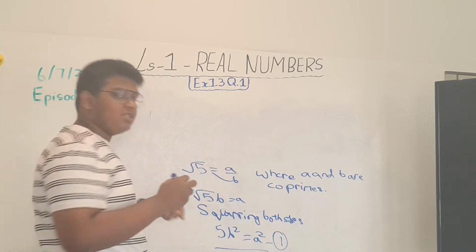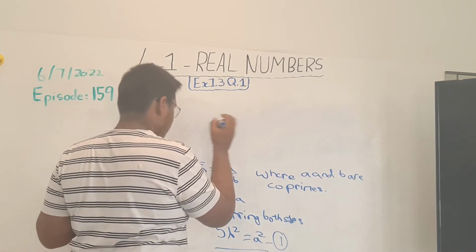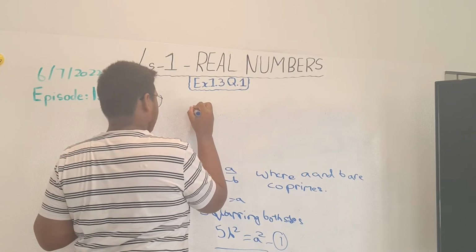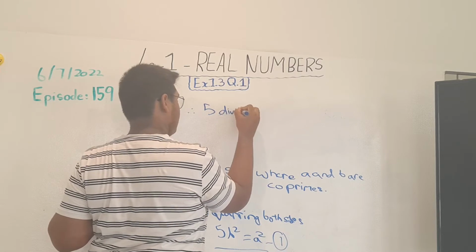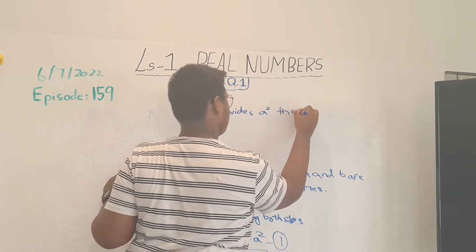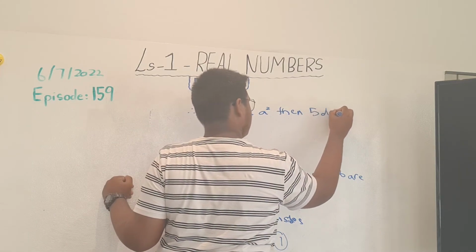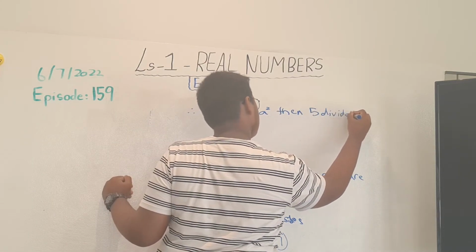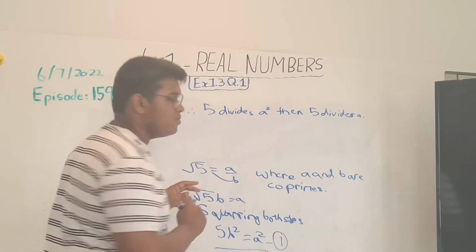Then this is the most important step which I am going to write now. Therefore, 5 divides a square, then 5 divides a. How is this possible?